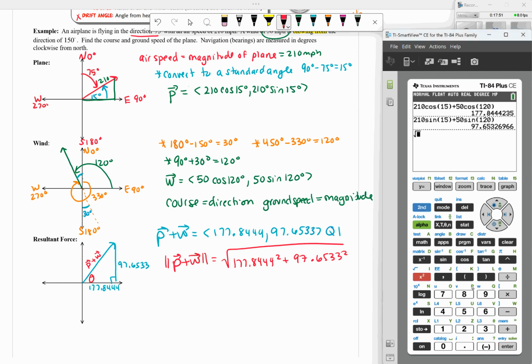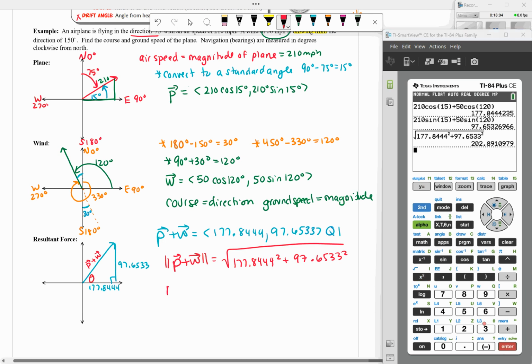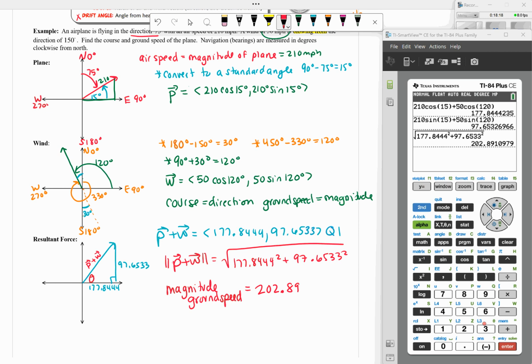So the square root of 177.8444 squared plus 97.6533 squared gives us the magnitude, which is again the ground speed, is equal to 202.89 miles per hour.